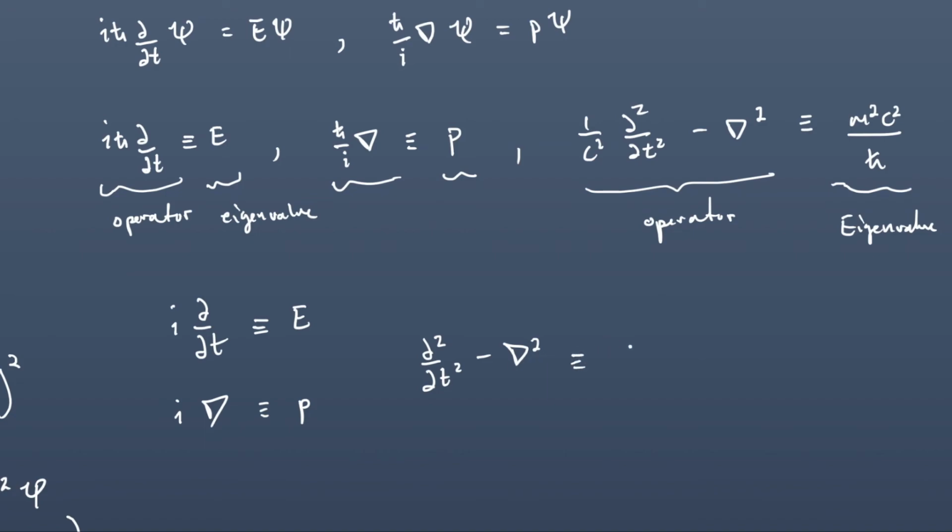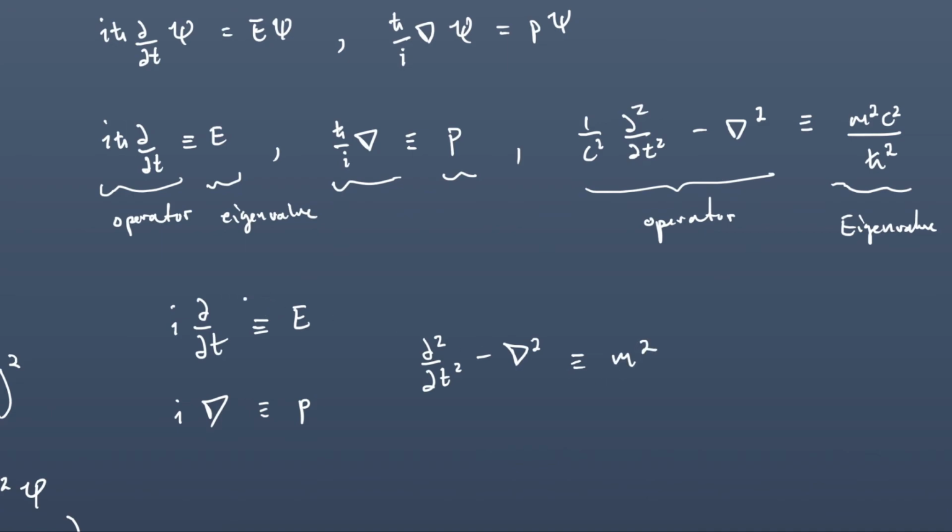And we have this m squared c squared. Well, if c squared is equal to 1 in this case, and h bar is equal to 1, we get m squared.